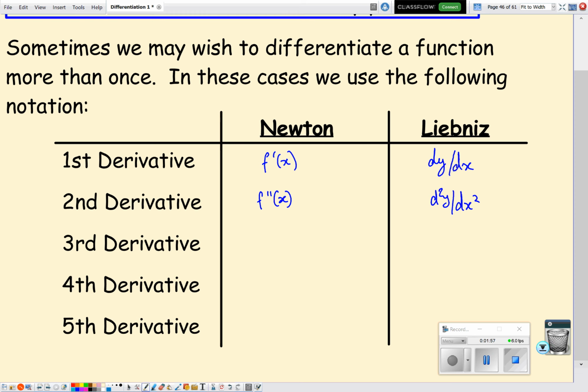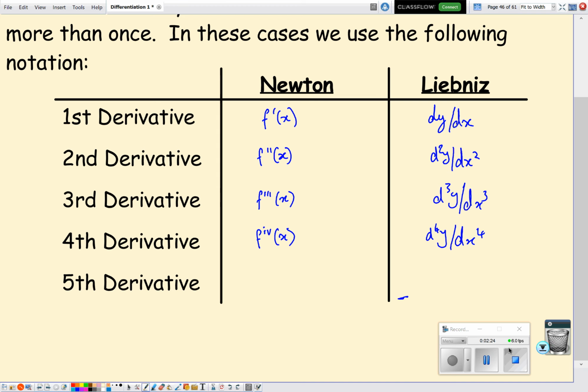For the third derivative, f triple dashed of x, d3y by dx cubed. Okay. Fourth derivative. Now, Roman numerals are used, so it's f iv of x and d4y by dx to the power 4.